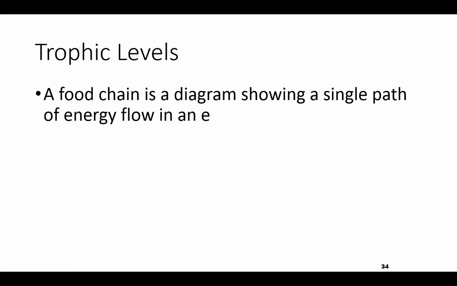Now, what are trophic levels? These are just feeding levels. A food chain is a single path of energy flow, like what we've been looking at with the leaves, the caterpillar, the birds, and the hawk. That's a simple food chain.